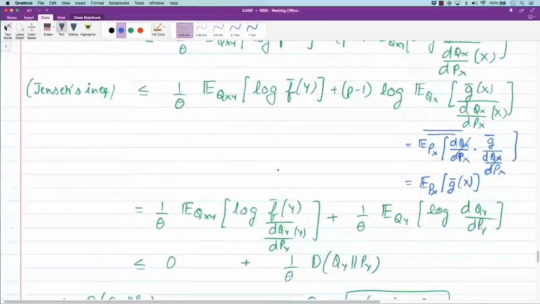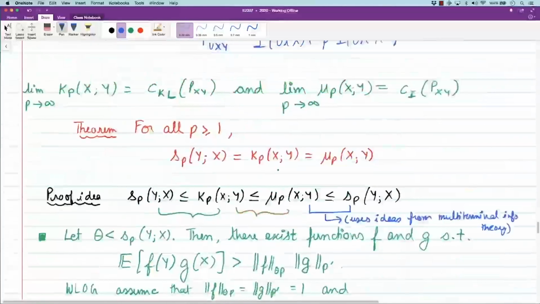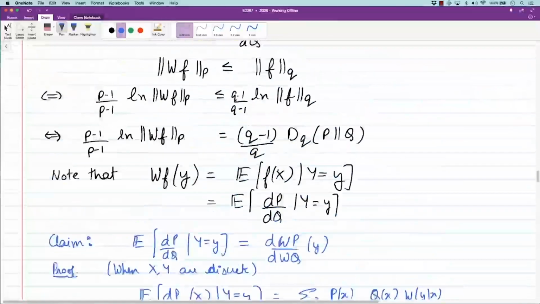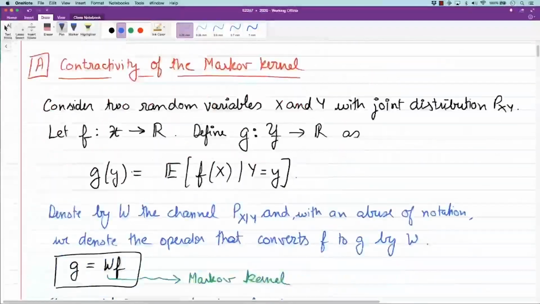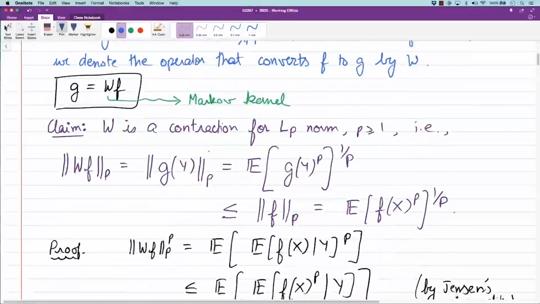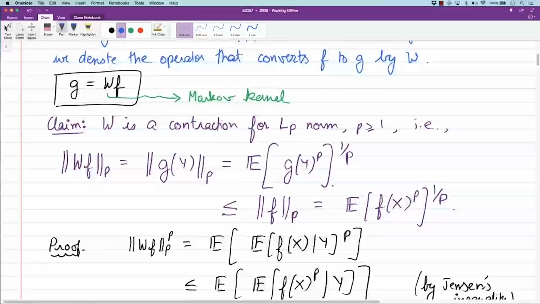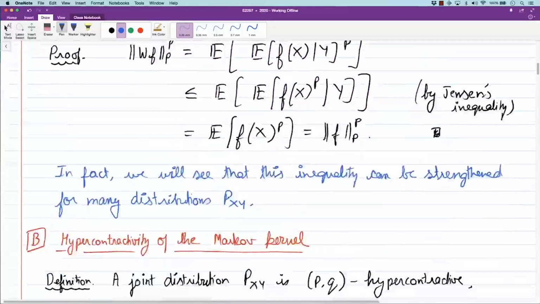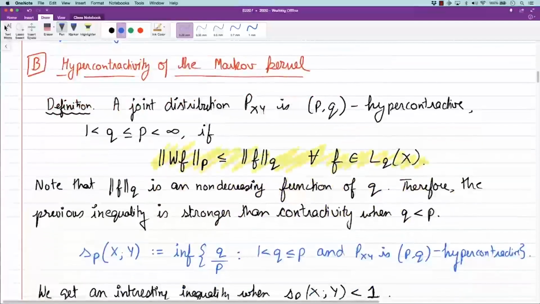So in summary, in this lecture we started studying this Markov kernel, the conditional expectation, and we checked that this Markov kernel is actually a contraction for any L^p norm. Then we defined this notion of hypercontractivity: when can a Markov kernel be more than a contraction, when can this norm on the right side be less than p?